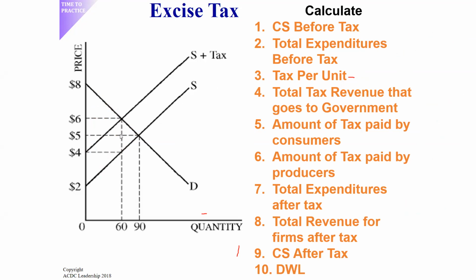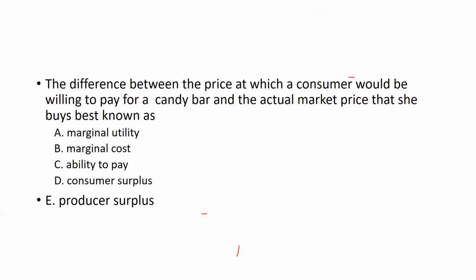Well, if you know it's a $2 tax, because you take the equilibrium down, if the consumers go from 5 to 6 and are paying $1, you know the producers have to be paying the other dollar. Does that make sense, Sebastian? Okay. All right.